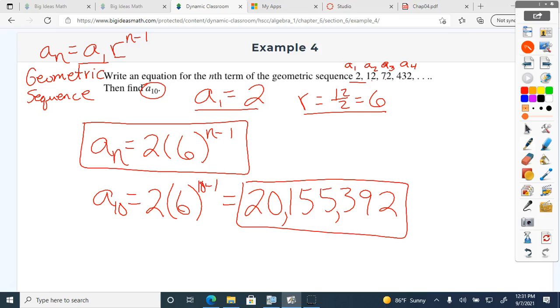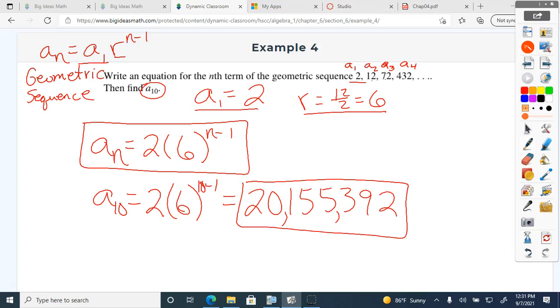Does that make sense? But it sure is a lot quicker just to put it in the equation. Is that what it's going to look like for every geometric sequence? Yes. You need your first term and your r. And you can figure out whatever number you want.